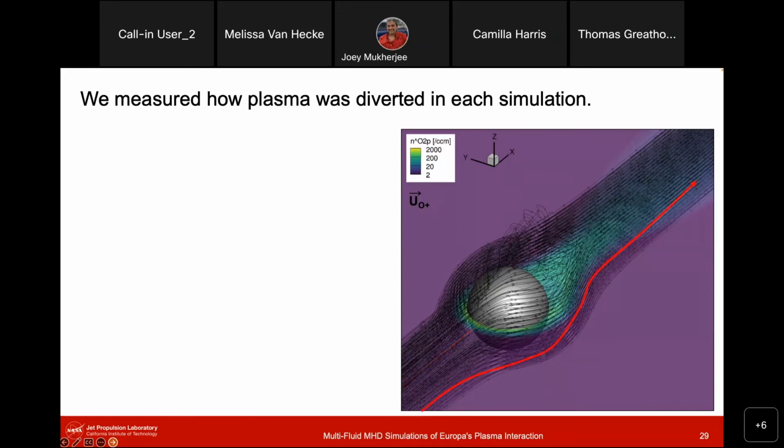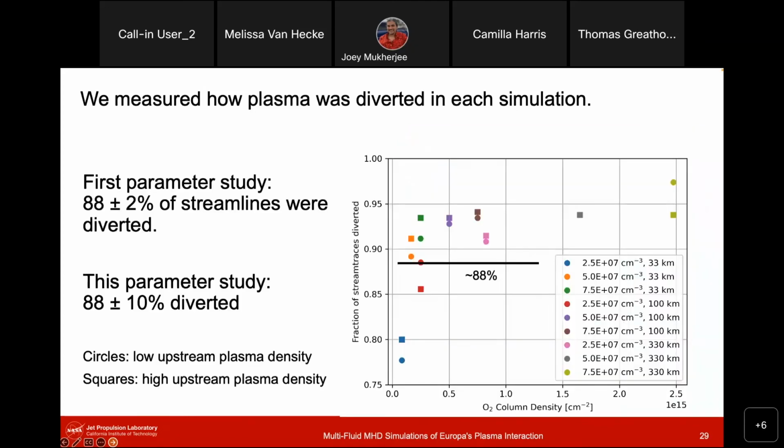But because the ionosphere is the obstacle, and because it's conducting, and we have all this interaction with the magnetic fields, we have streamlines that flow around Europa and don't hit the surface. What we're interested in is the percent of those streamlines which are diverted away.